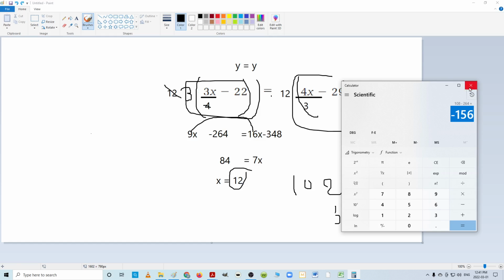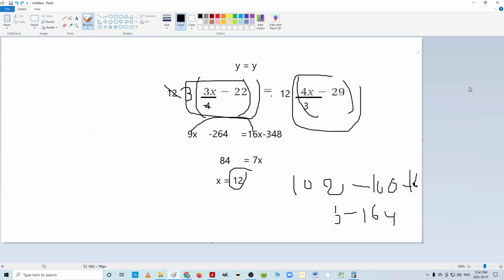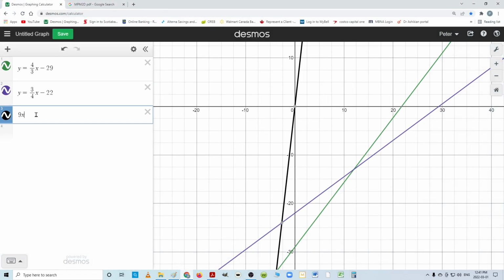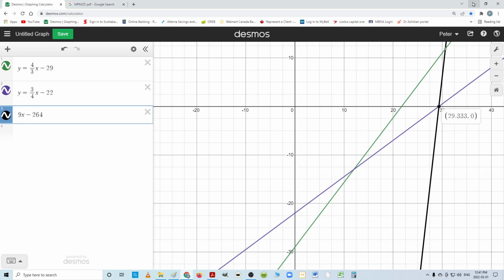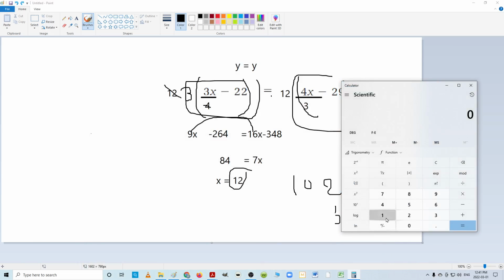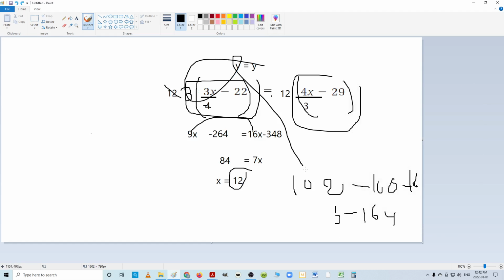So you have to use the original graph. Let's see, 9x minus 264. Yep. So you have to always use the original formula when you're plugging back in to figure out y. So that was my big mistake there.